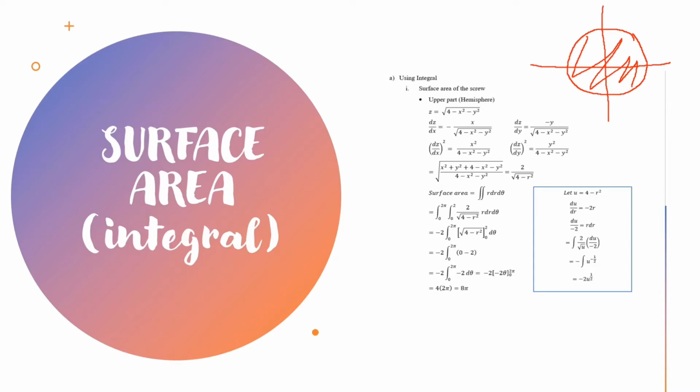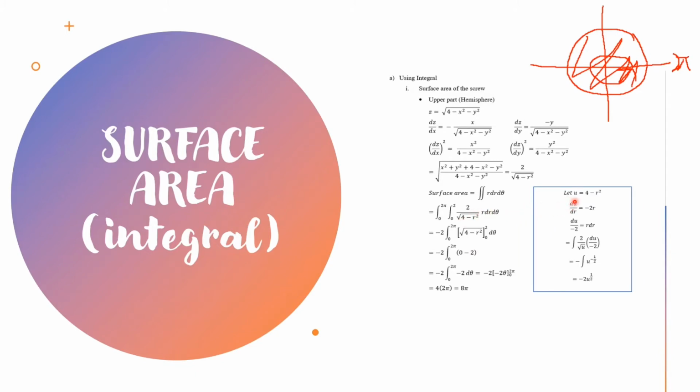So this is 2 pi, the total surface area, and the radius is 2. From here we got the integral from 0 to 2 pi, and from 0 to 2, and then we integrate by substitution.